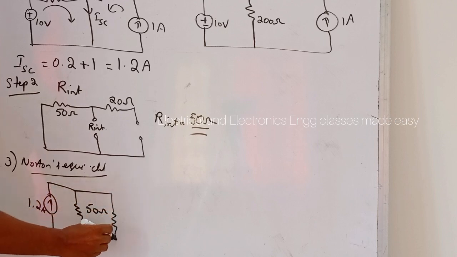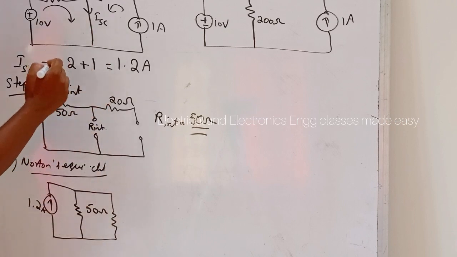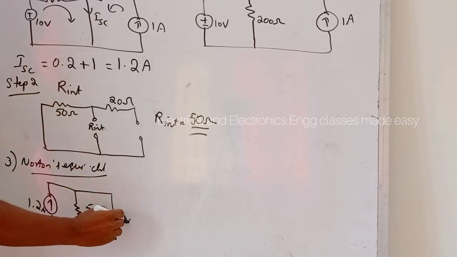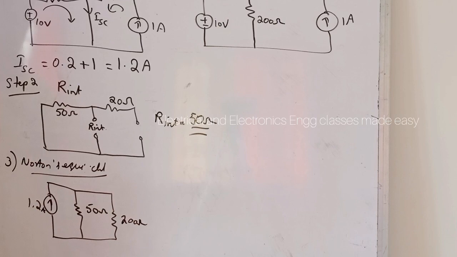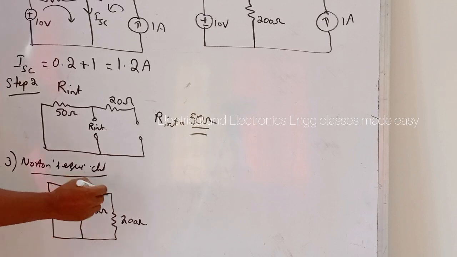Also redraw, or reconnect, the load resistor, that is the 200 ohm resistor. And here the question is to find the voltage across the 200 ohm resistor.